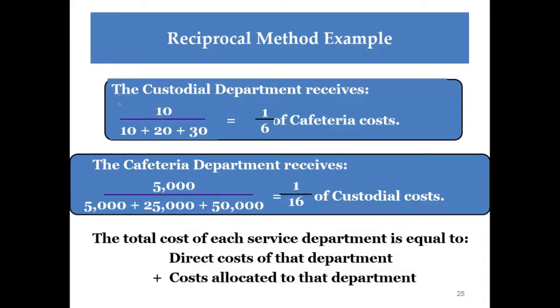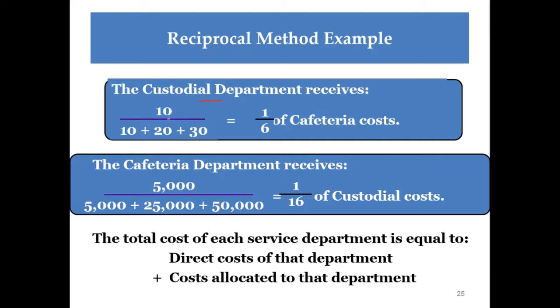Here we can see that the custodial department receives 1/6 of cafeteria cost, and 1/16 of custodial cost will be received by the cafeteria department.